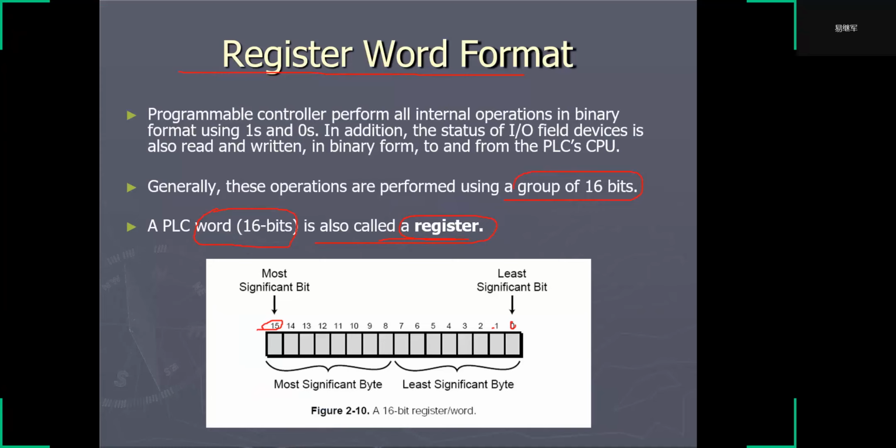The first byte is called the least significant byte. The second byte is called the most significant byte.